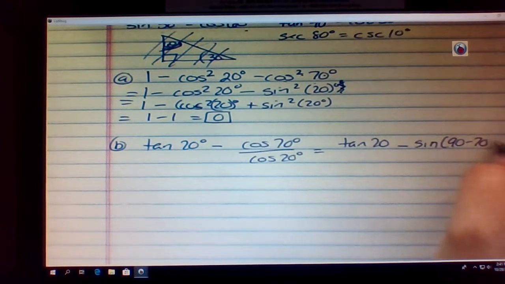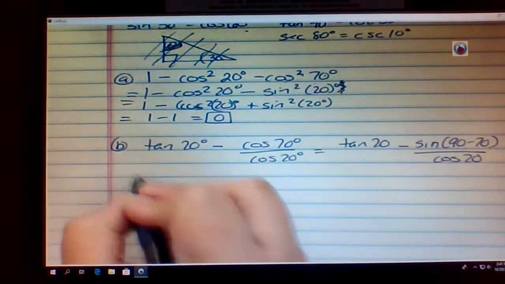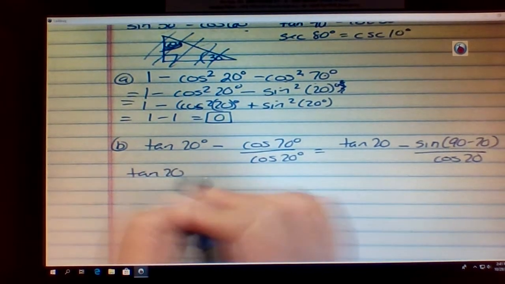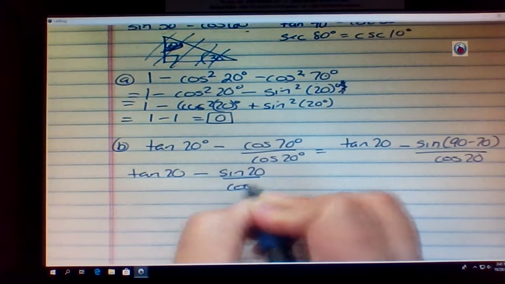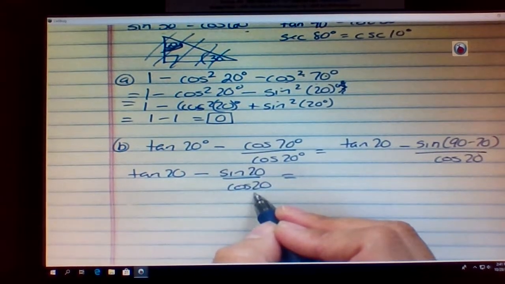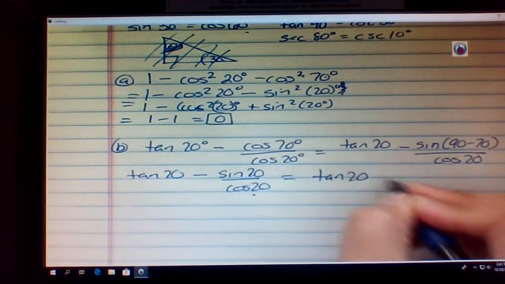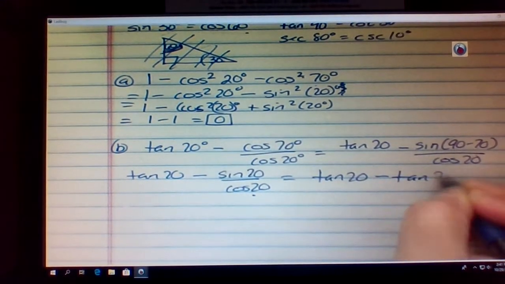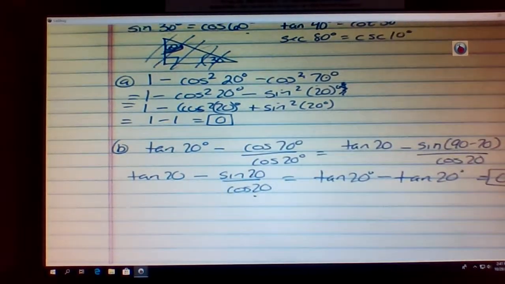So we have tangent of 20 minus sine of 20 over cosine of 20. But what is sine of 20 over cosine of 20? Tangent of 20. And what is tangent of 20 minus tangent of 20? My answer is 0. Does it make sense?